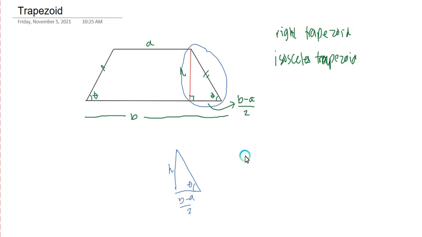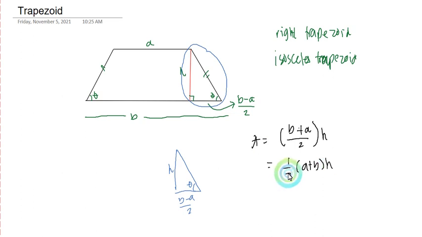So the area is the sum of the bases divided by 2 times h, or 1/2 (a plus b) times h. This is the formula we need to remember for the trapezoid.